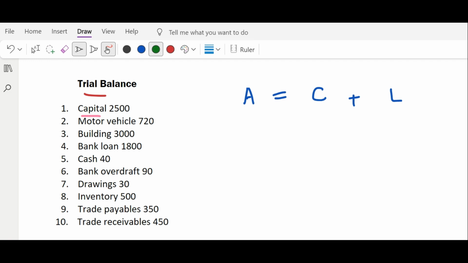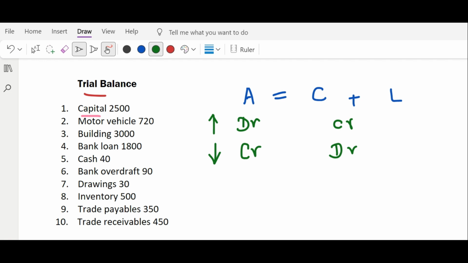And in the previous video, I said that an increase in assets is a debit, an increase in capital or liabilities will be a credit. It's the exact opposite in case of a decrease. Credit, debit. Now that's in case of an increase or a decrease.